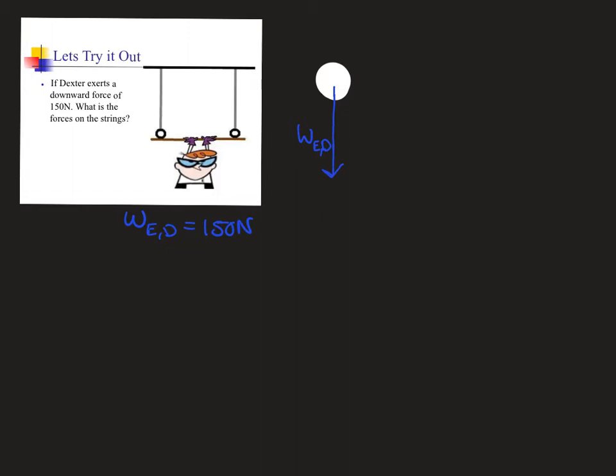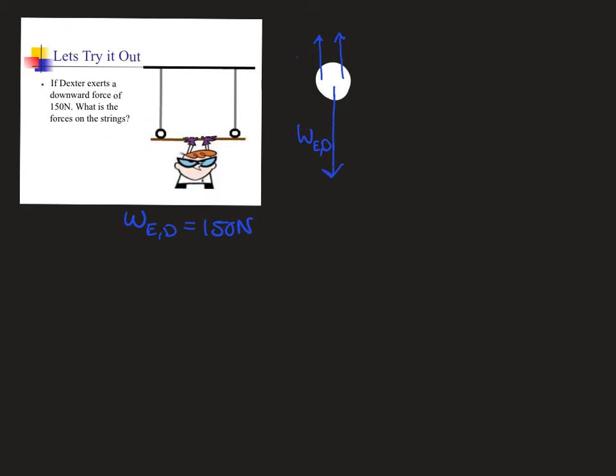The reason we need two arrows is that there are two tension forces acting on Dexter. Both of them need to be 75 newtons, which, if I draw this out correctly, should be half of this other one here, and that's why using a protractor would be very nice.